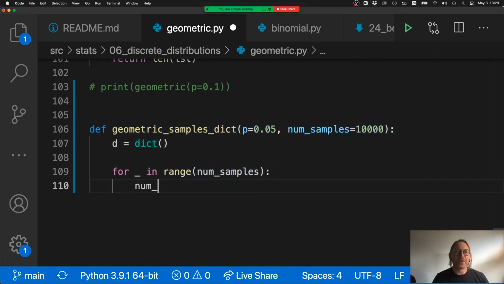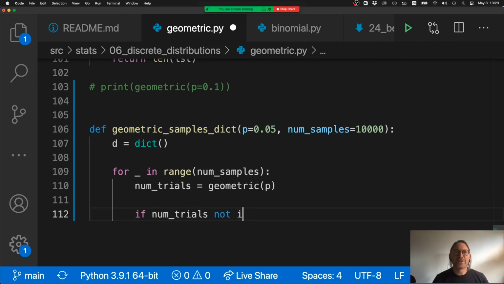So I'm going to say the number of trials. This is going to get geometric of P. We just pass the probability into that. And I can say if that number of trials is not in the dictionary, then I can put it in there. I can say the number of trials is going to get 0.